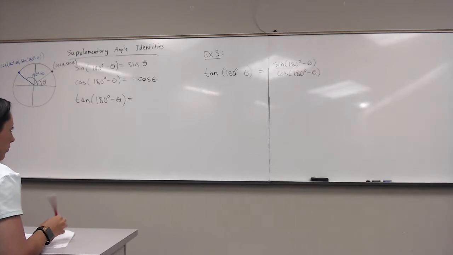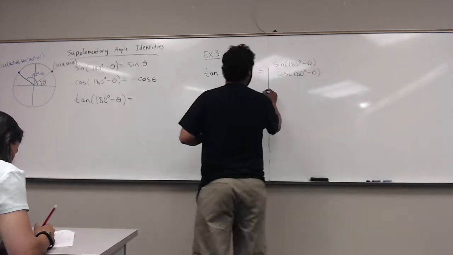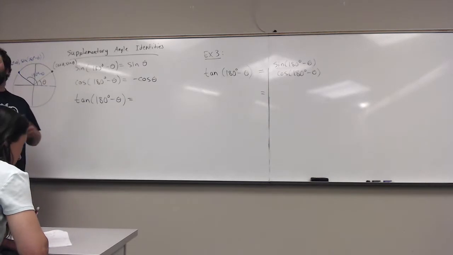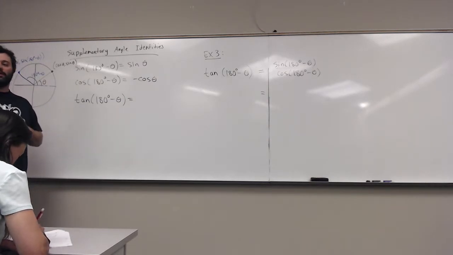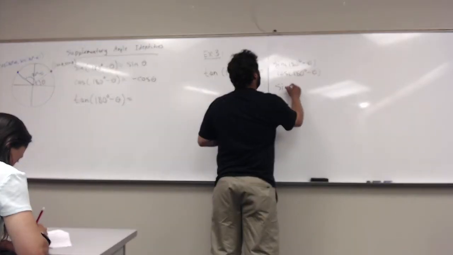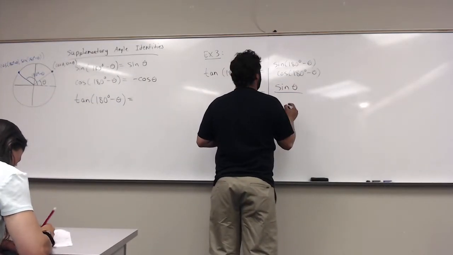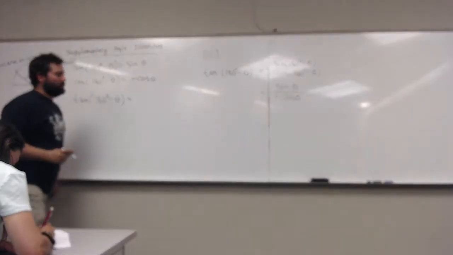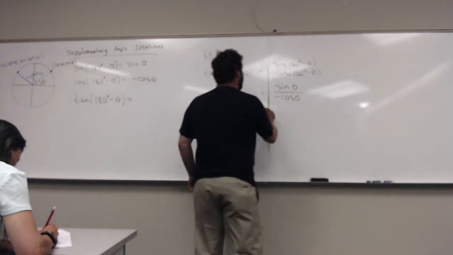Okay. So what are my supplementary angle identities now? Tell me what the numerator and denominator are. So the numerator, sine 180 minus theta, is just sine theta. And the denominator would be negative cosine theta. The negative can come out front.